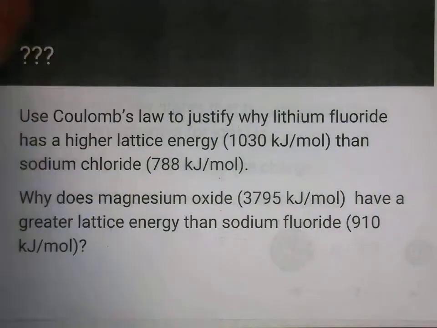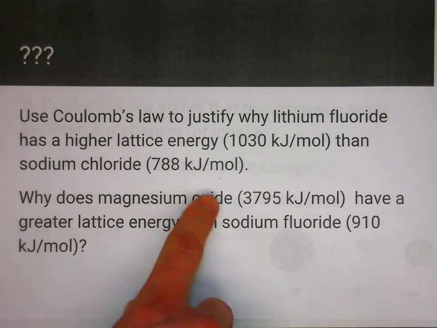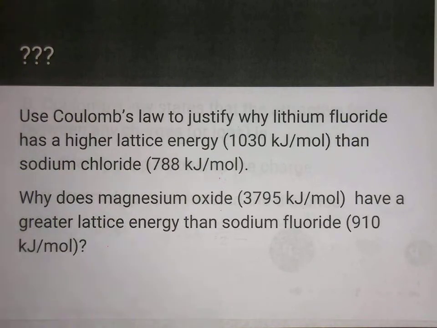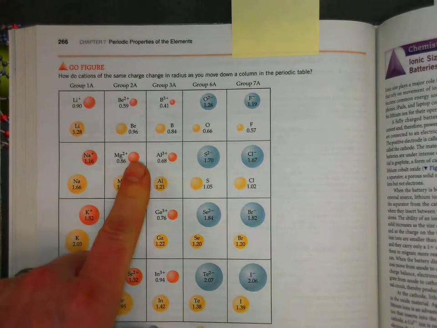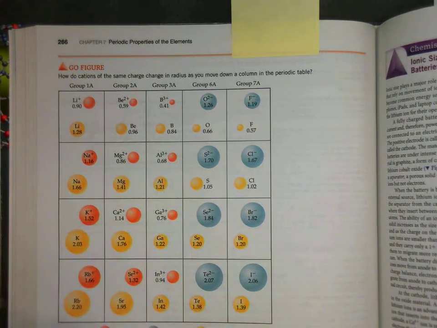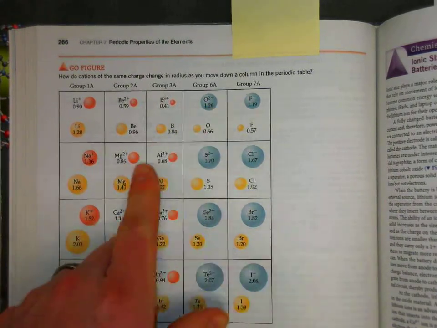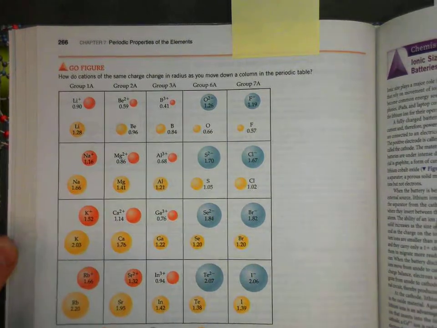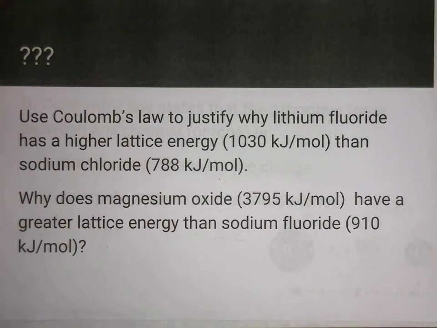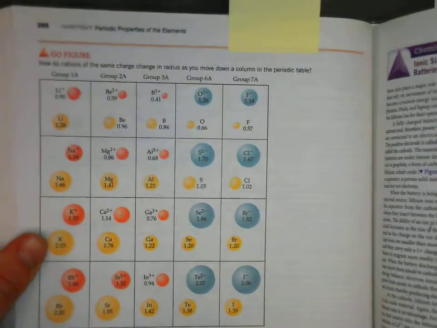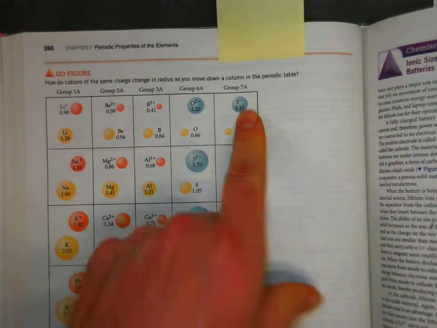So this would work in a similar way for the second example. We have the magnesium oxide. So the magnesium ion, we could see right here, the oxygen ion is right there. So consider the relative sizes of those and the sodium fluoride. So the sodium is right here, fluoride is very small.